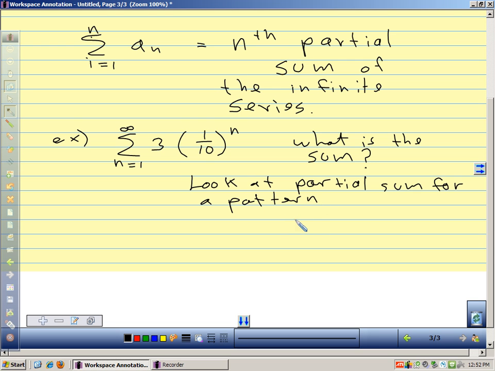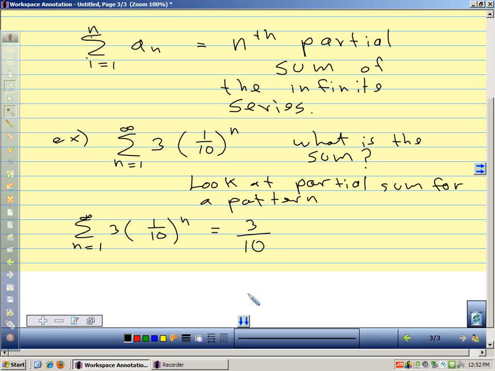So we're just going to start writing down some terms of this series: the sum from n equals 1 to infinity of 3 times 1/10 to the n. We'll start with n equals 1. If n equals 1, 1/10 to the first power is just 1/10, times 3 is 3/10.